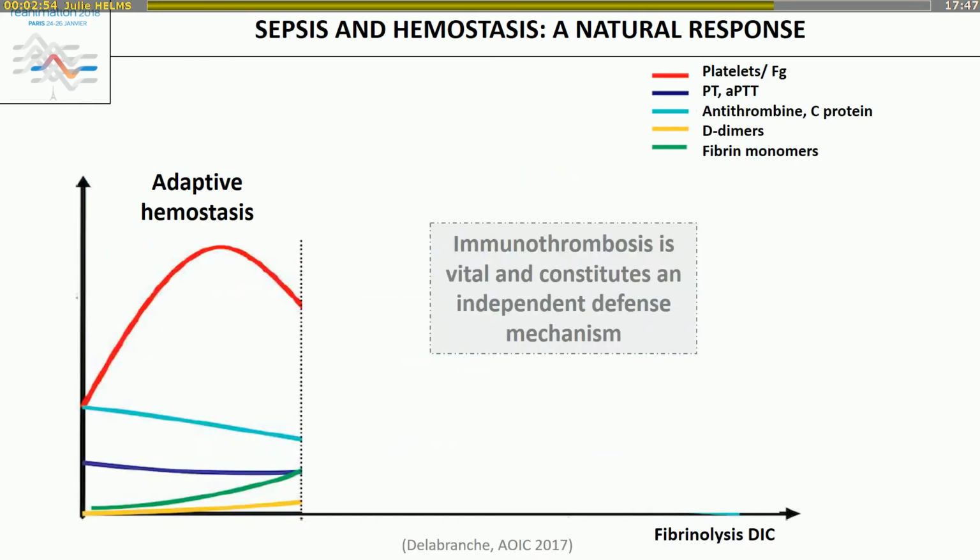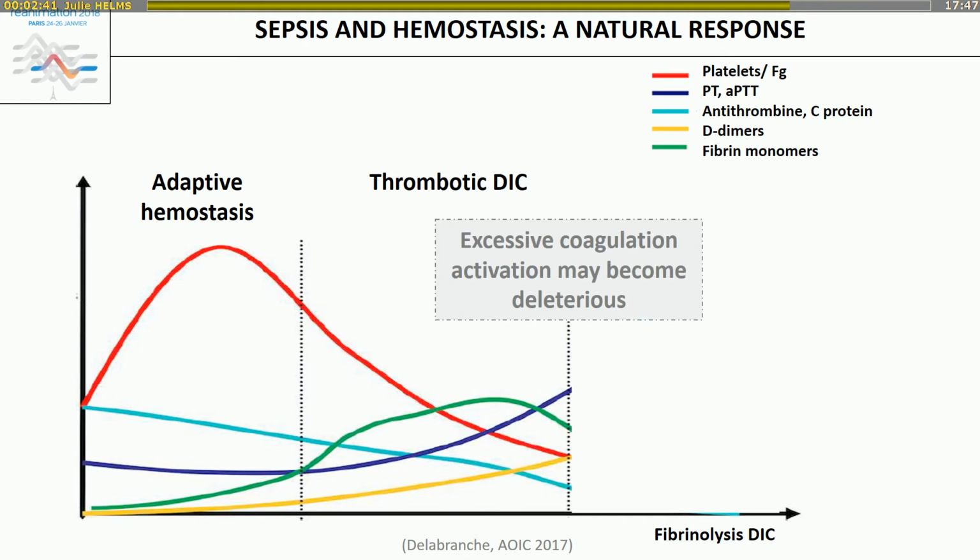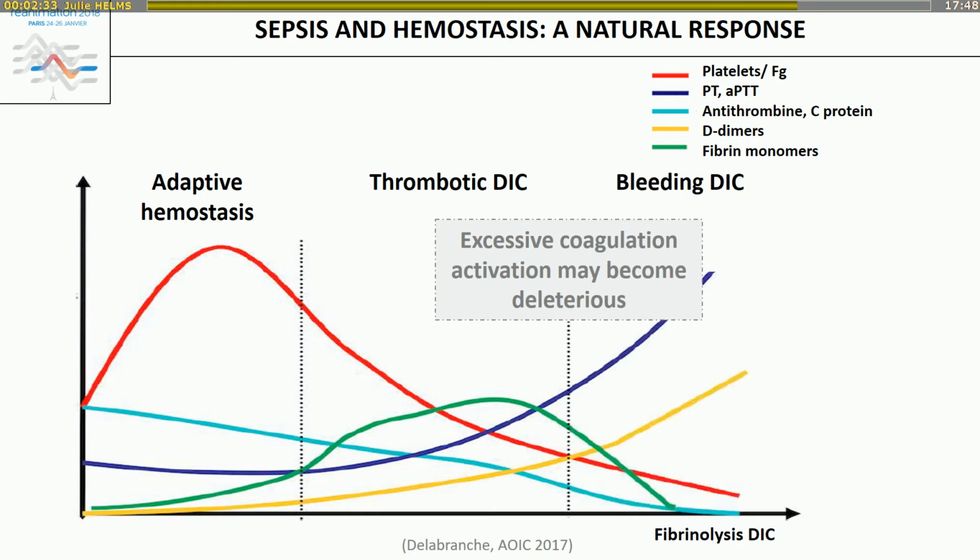From the clinical viewpoint, during sepsis, you have a coagulation activation, which can be called adaptive hemostasis. When this coagulation activation becomes deregulated, then it leads to DIC with a first stage of thrombotic DIC. And finally, the bleeding stage of DIC when platelets and coagulation factors are dramatically decreased.